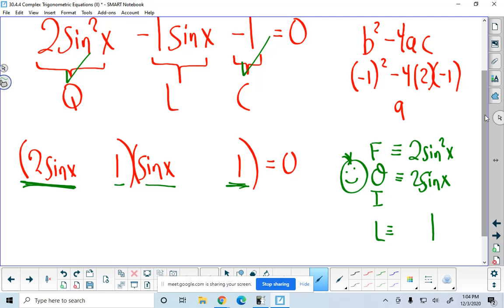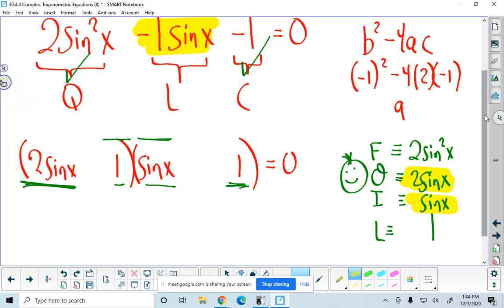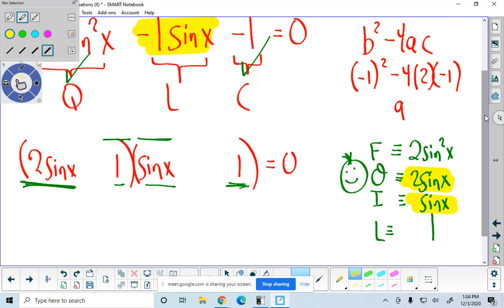And I take my sine x times 1, which gives me sine x, and I ask myself, can I combine these two terms to get -1 sine x? And the answer is yes. I just have to make sure that the 2 sine x is a negative, and then they will add to give -1 sine x. And then I reverse engineer it.